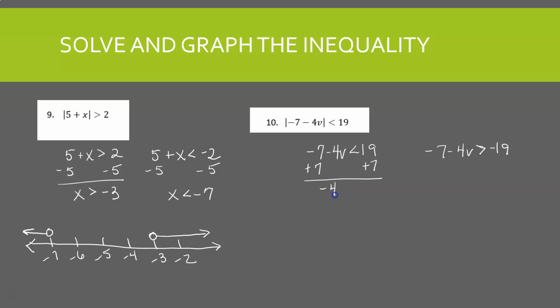So I have negative 4v is less than 26. Divide by negative 4. So I have a v this time. Flip it around because I divided by a negative. V is greater than negative 26 fourths.